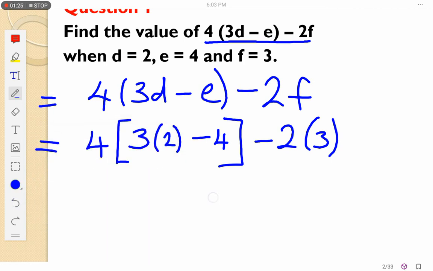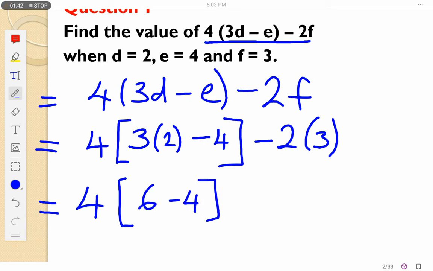Okay, now let's continue. I'm now solving inside before I do the multiplication of 4 by this bracket. I've got 3 times 2, we get 6 minus 4, then minus 2 times 3, we get 6. Let's simplify.